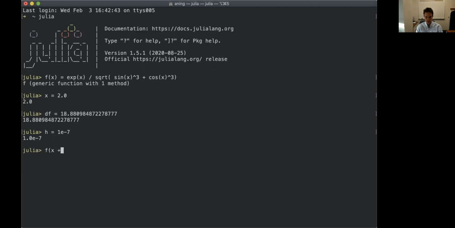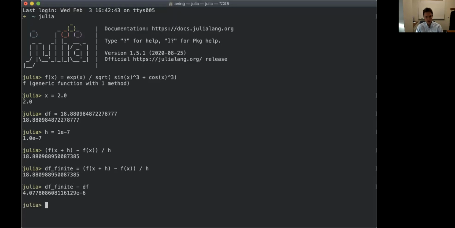And so if I did f of x plus h minus f of x, and I divide that by h, that gives me an estimate for my derivative. Let's call this finite. If I take that minus my exact, you can see it's pretty good.